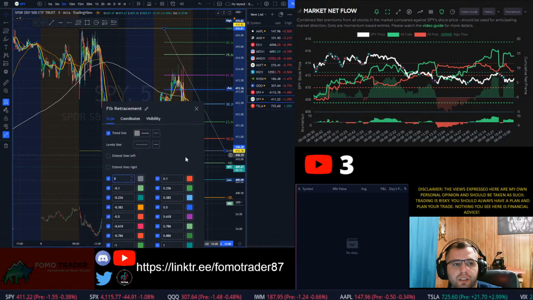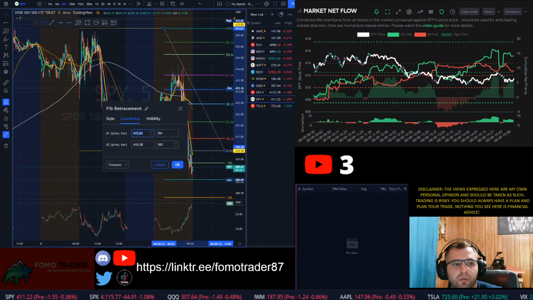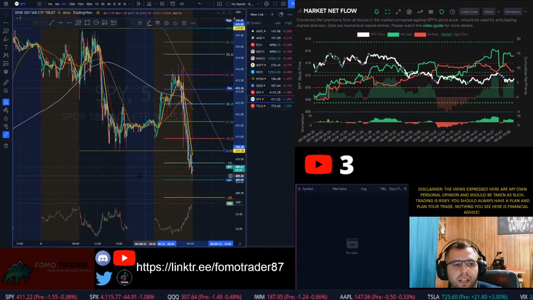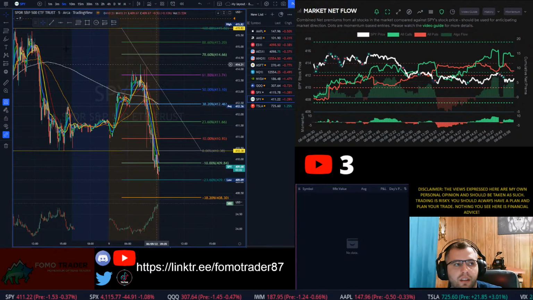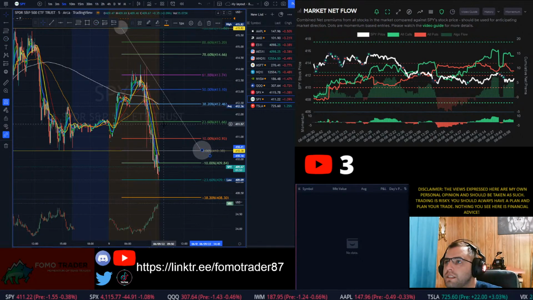Let's make sure that it is lined up correctly. 415.82 and 410.38. So that is correct. The fib itself is literally only drawn from here to here. And then look at this magic. It came down and hit the 10% extension.